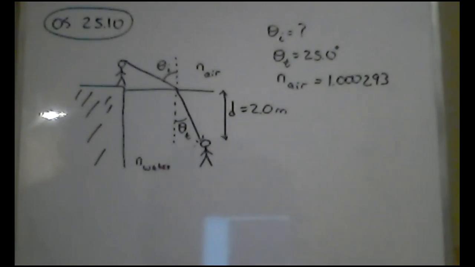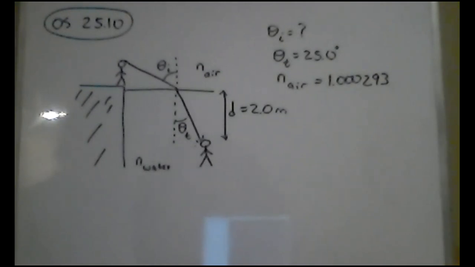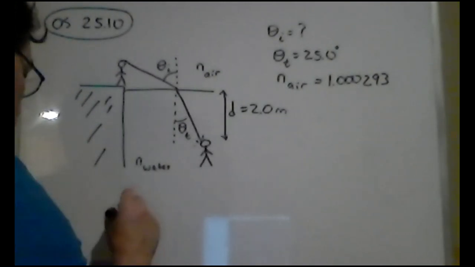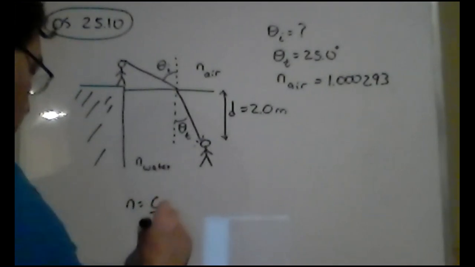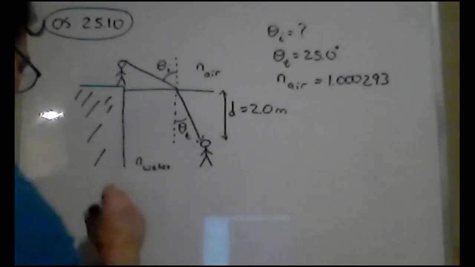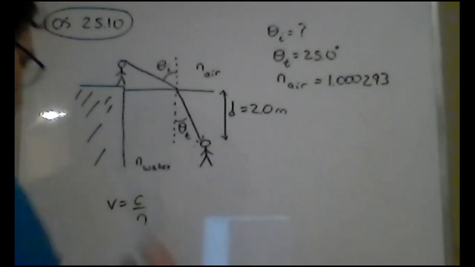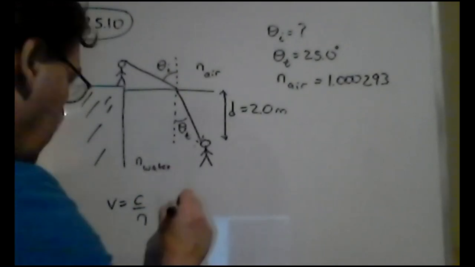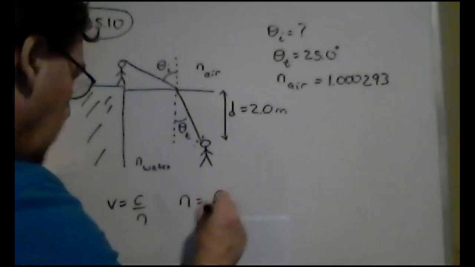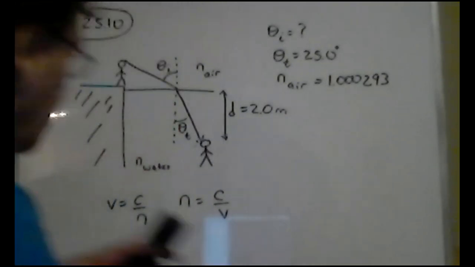They are a ratio of one speed to another, the speed of light. The speed of light in a medium is the speed in a vacuum divided by n. You could rewrite this quite easily as saying n is the speed of light in the vacuum divided by the speed of light in a medium. So it's a ratio of speeds, so the index of refraction is unitless.